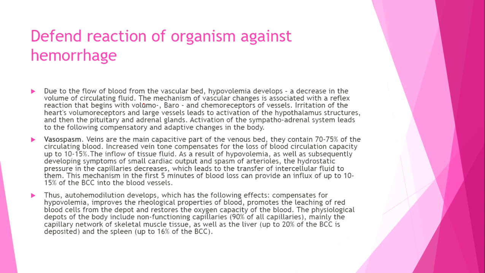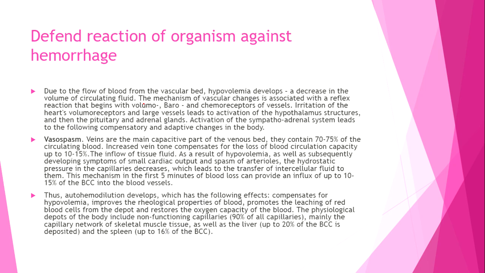Vasospasm. Veins are the main capacitive part of the vascular bed. They contain 70 to 75% of the circulating blood. Increased vein tone compensates for the loss of blood circulation capacity by up to 10 to 15%. The inflow of tissue fluid results from hypovolemia, as well as from subsequently developing symptoms of small cardiac output and spasm of arterioles.